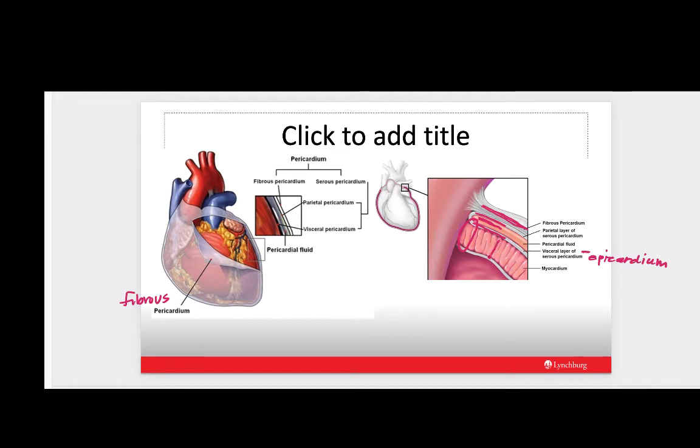Here's our muscle layer here, nice and thick, because heart muscle hypertrophies or gets bigger just like your biceps do when you work them out. And that's what we see here. Myocardium is nice and thick. And then our inner layer here is going to be our endocardium. Okay, so there's your most internal layer. So 3 layers of the heart itself.